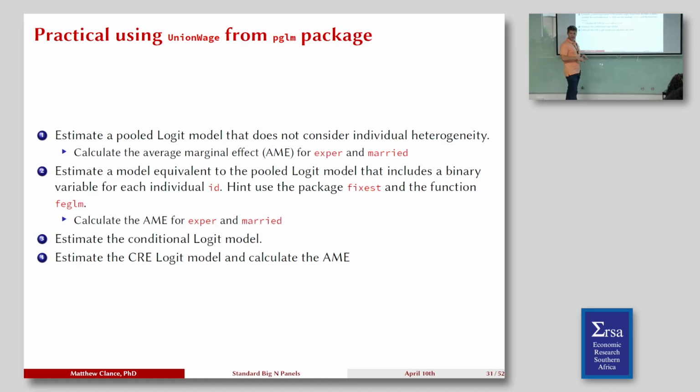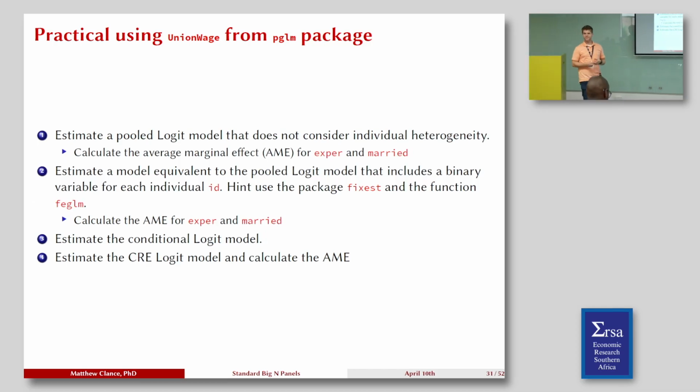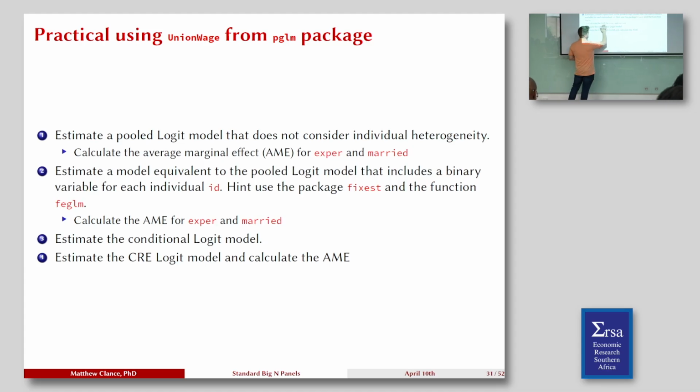You could just type in GLM, left-hand side variable, our other variables, and then factor ID. But there's a better package for this called Fixest. Basically, it's a high-dimensional fixed effects way of doing GLM models. Okay? And we would use the FEGLM and calculate the average marginal effect for experience and merit again.